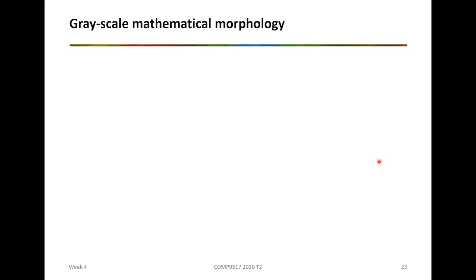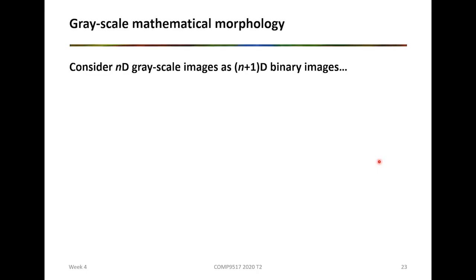We're now going to switch gears and talk about grayscale mathematical morphology. The way we can do grayscale mathematical morphology is by considering n-dimensional grayscale images as n+1 dimensional binary images. Let me show you what I mean by that.